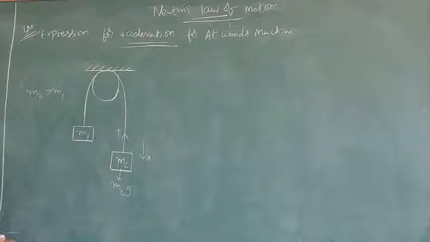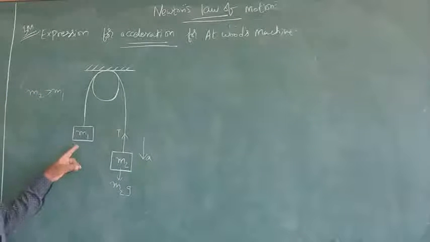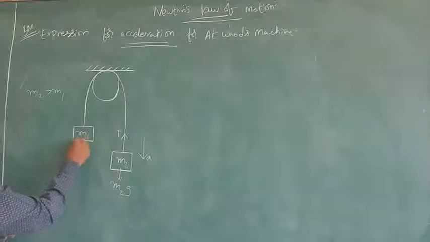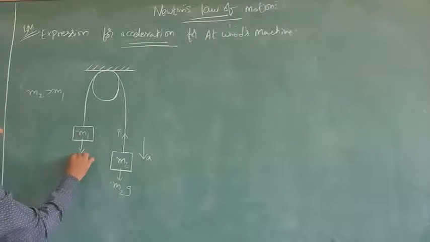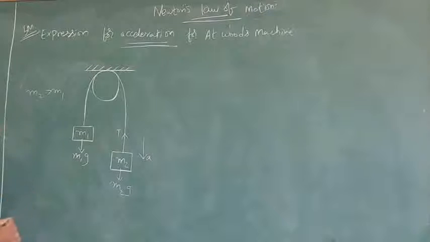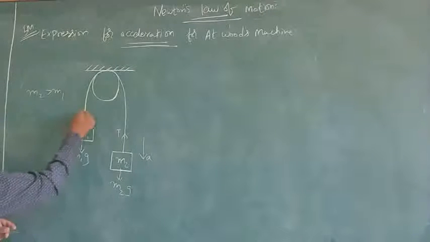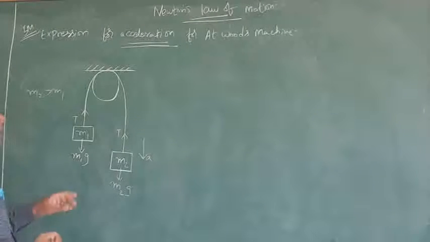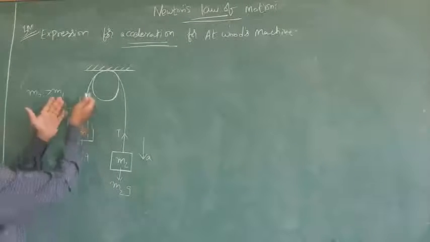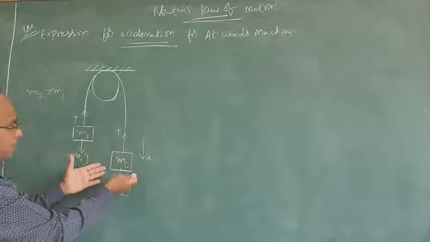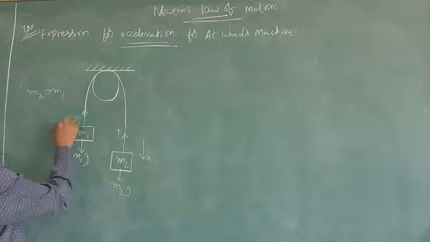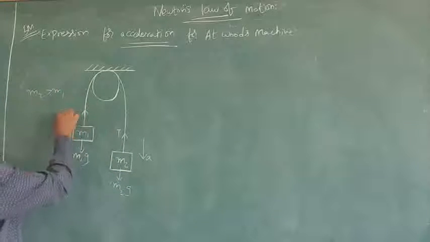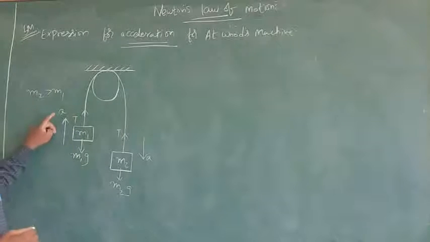In a similar way here, this is acting under gravity, and the tension is acting upward. Here it is moving upside. This is the bigger weight, this is the smaller weight. Therefore, when it is moving up, acceleration is upwards.